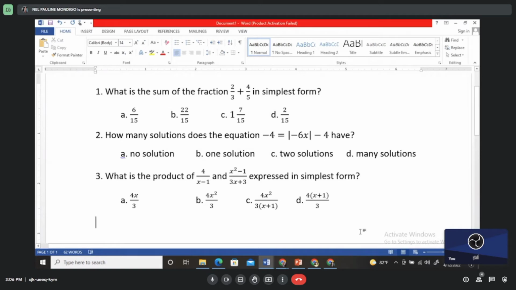For item number 4, our topic here is systems of linear equations. So the question will be, what is the solution to the system?